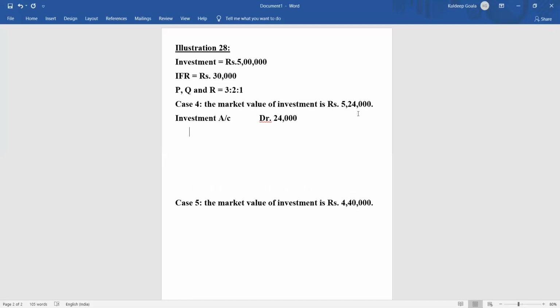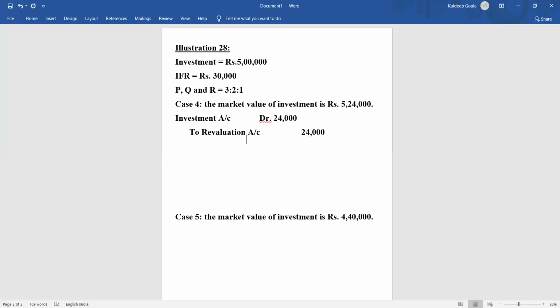Okay, and where will this profit go if the asset value is increasing? If it is decreasing or increasing, we'll show it through the revaluation account. So revaluation account credit, how much? 24,000. Revaluation is a nominal account. If the asset value is increasing, it shows our profit.